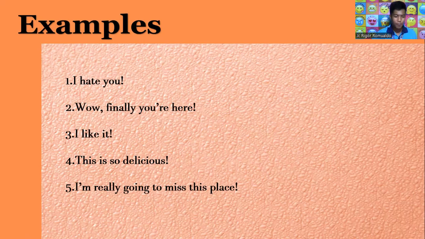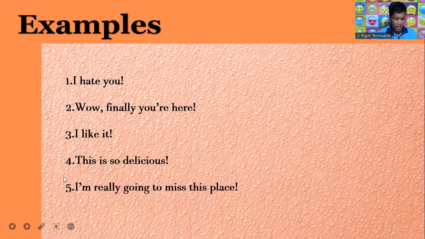Like for example, this number 3 example, I like it. What do you think comes up? Yes, excitement. Maybe someone gave a gift to that person, then that person says, I like it very much. So that is one example of an exclamatory sentence.